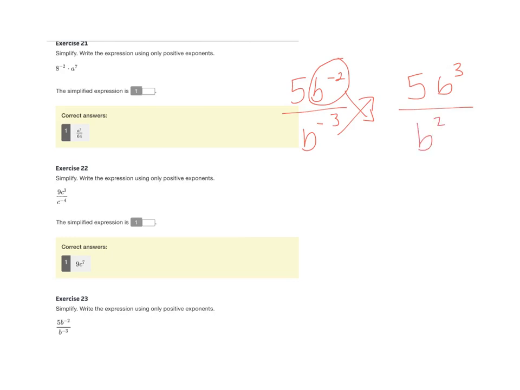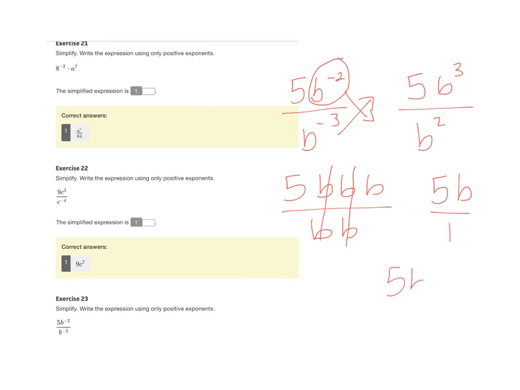We can do this a couple different ways, but I think probably the easiest would be expanded form. 5 times b times b times b over b times b. And we can cancel, there's a set of copycats, there's a set of copycats. We're left with 5b over 1, or just 5b.